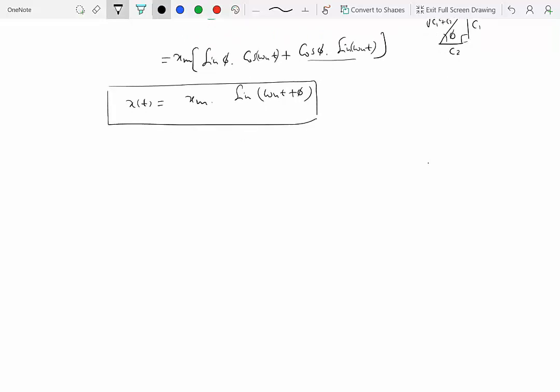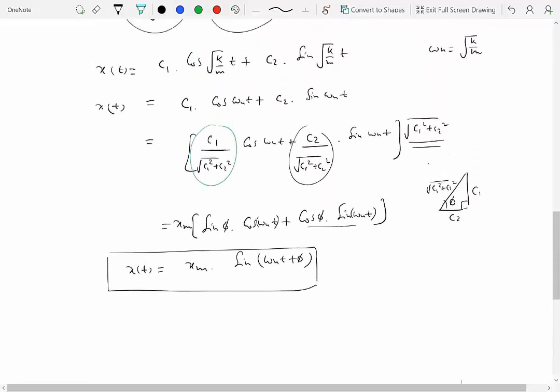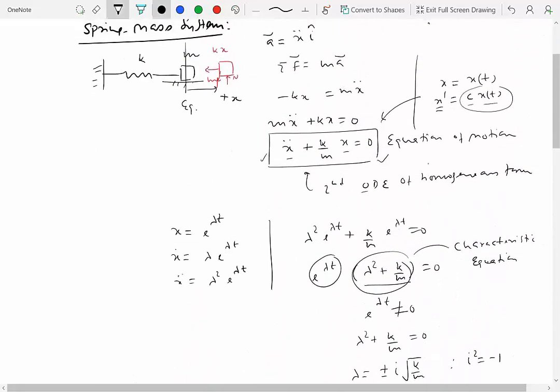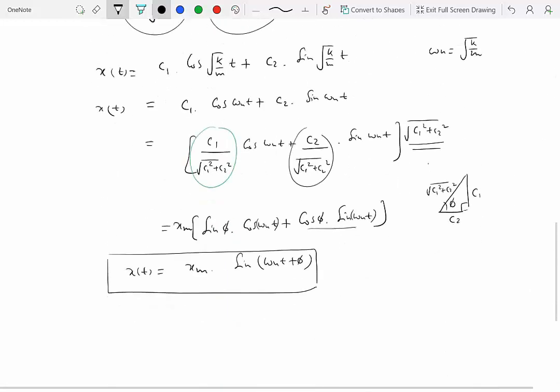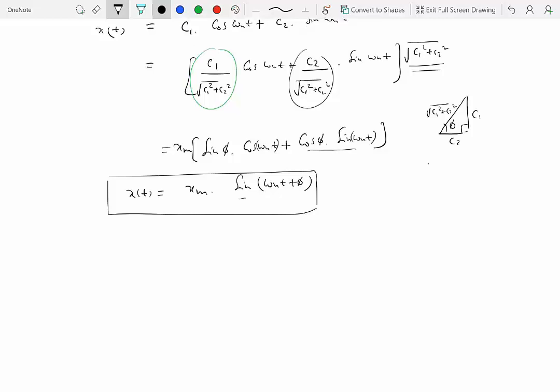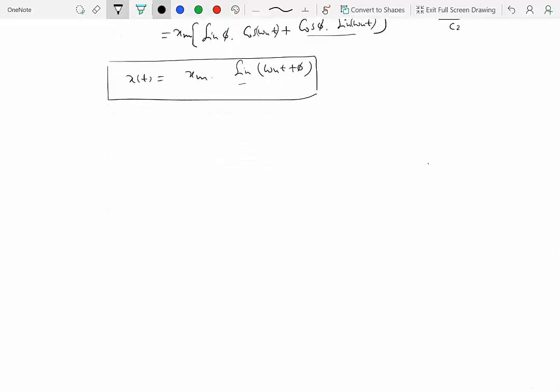Okay, now let's look at this. This is the solution to any ordinary differential equation that can be written in this form. And this form is also known as a standard form of a harmonic oscillator. Okay, and why it's called a harmonic oscillator is now clear to you, because what we have over here is a sine function, which is a harmonic function, right? So if you plot this, what does it look like?